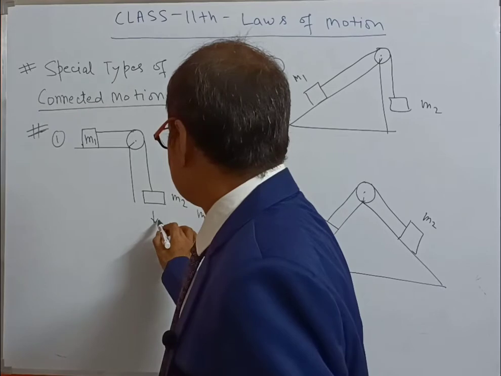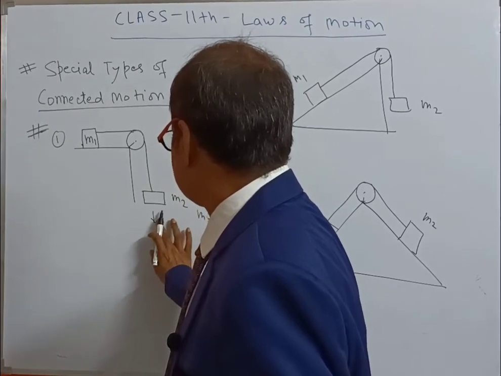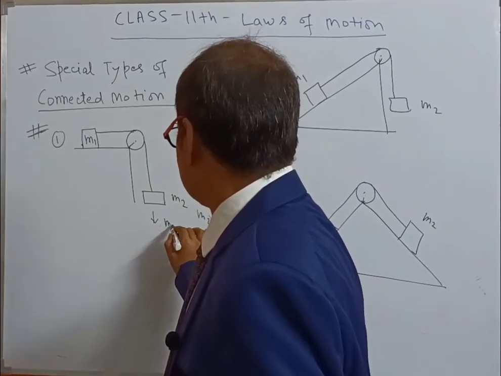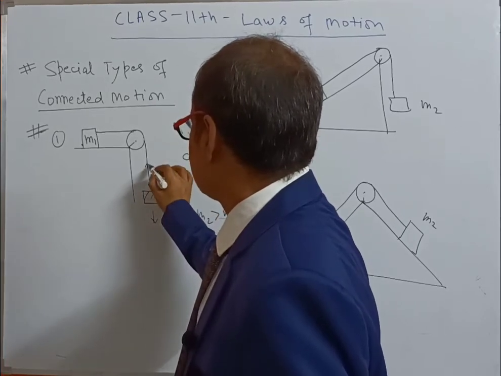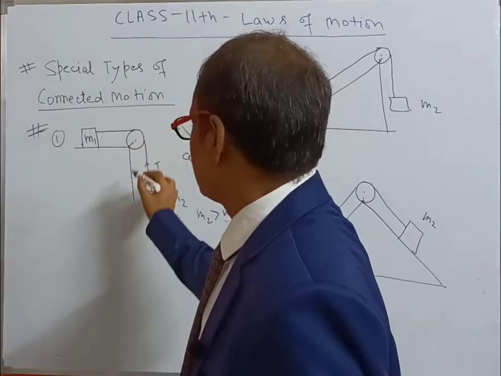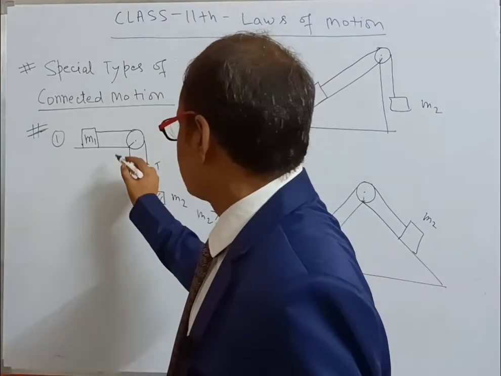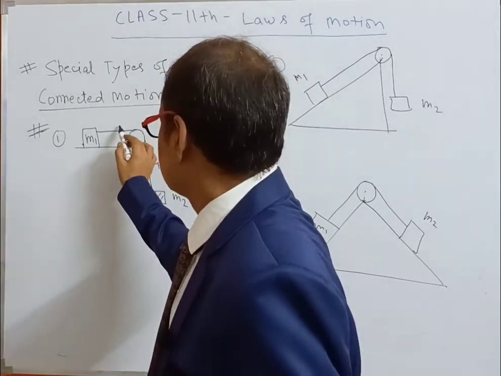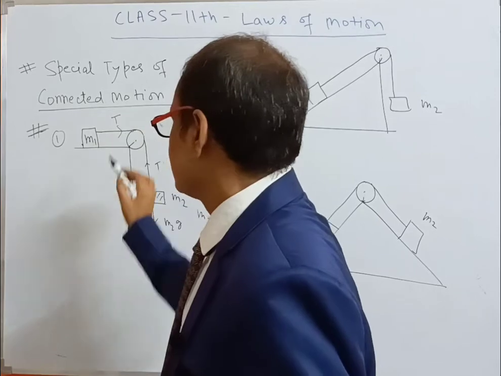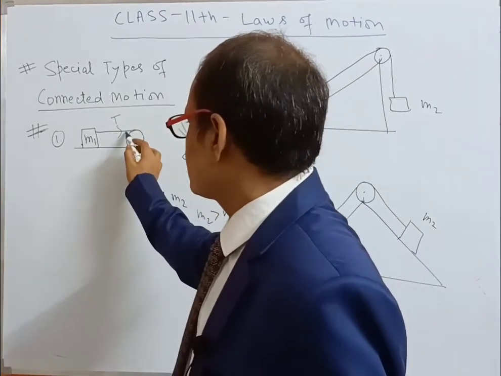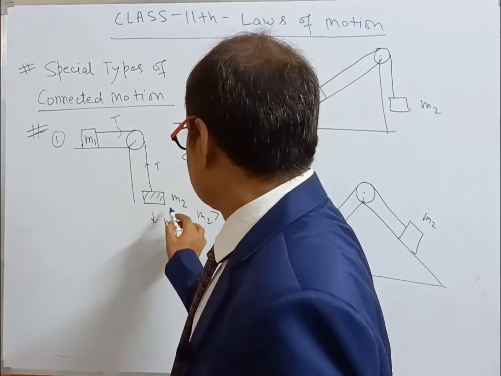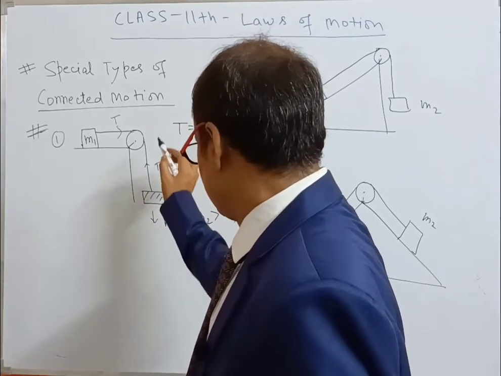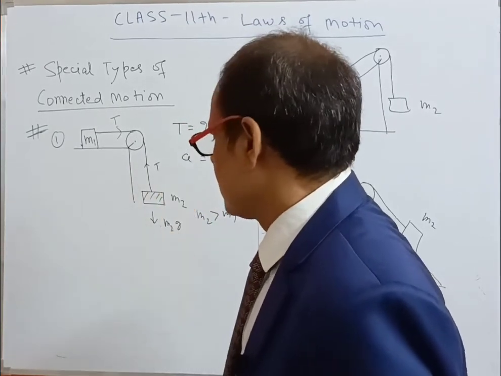So M2G will be the weight that pulls this mass downward, the tension will act upward, and this tension will pull M1 along the horizontal.